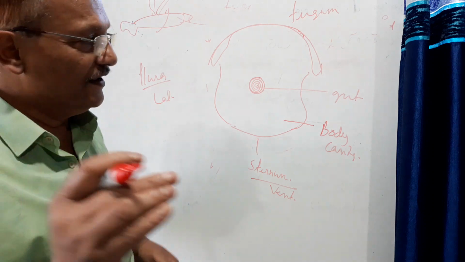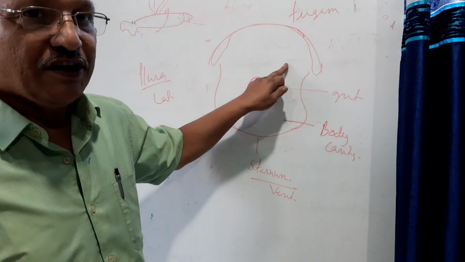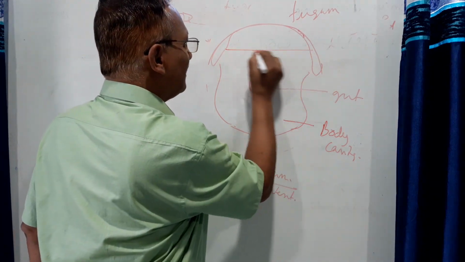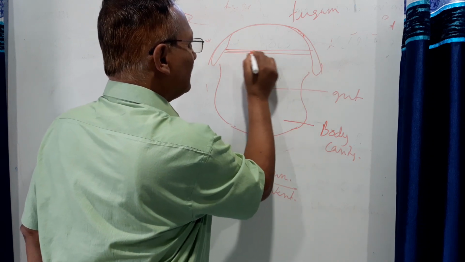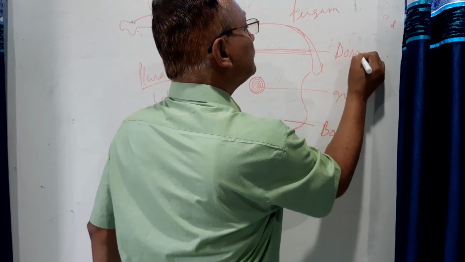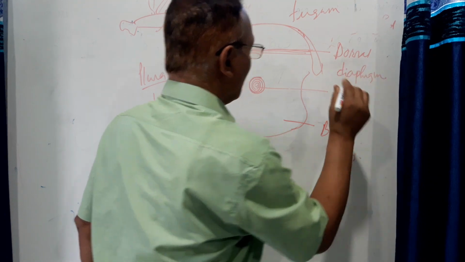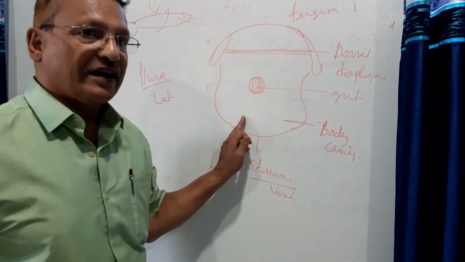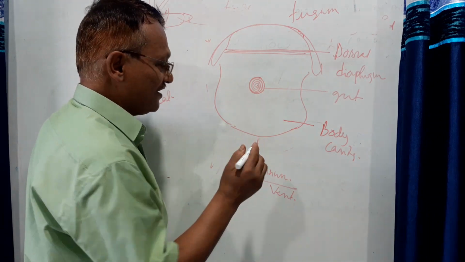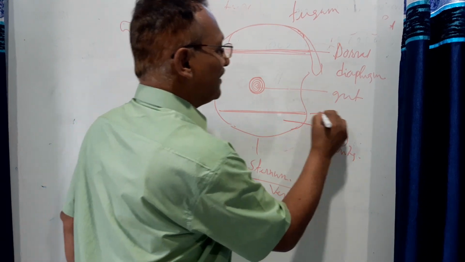The dorsal diaphragm is situated at the dorsal part of the body of the insect, and it is joined to the lateral side of the tergum. The ventral diaphragm is situated at the ventral side of the body, and it is joined to the lateral side of the sternum.